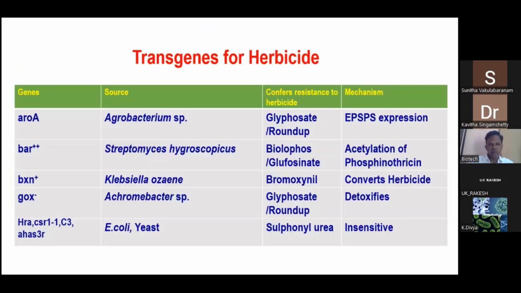Okay, and then using this technology, a lot of other chemicals have been produced, like glyphosate, Roundup, bialaphos, bromoxynil, and sulfonylurea. All these things have been developed, and now these are sprayed. In countries like the US, where one farmer will have about 300 acres of land, 200 acres of land, this is very important for them.